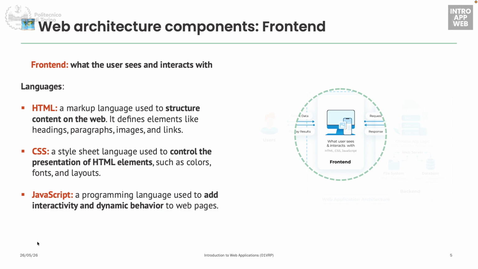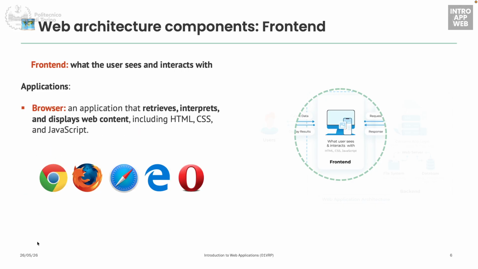So it's basically the one that is able to add interactivity by dynamically understanding how the page works. And as we said before, it runs on the browser. So JavaScript is something on the front end, and it's something that runs in the browser.